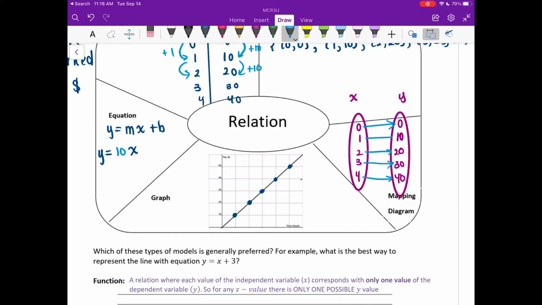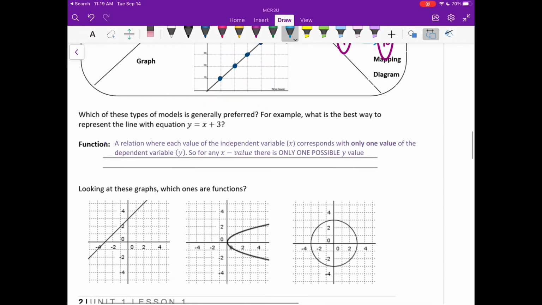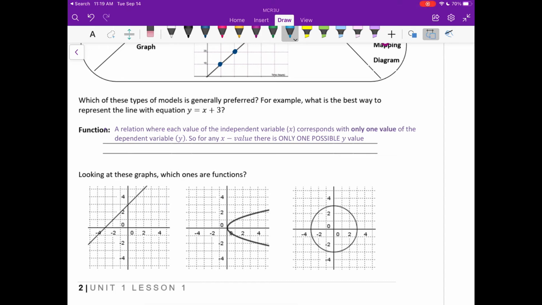So now we're just going to move on to what a function is. A function is a type of relation. A relation is like the overarching term, and a type of relation is a function. So a relation where each of the independent values, the x values, corresponds with only one value of the dependent variable.